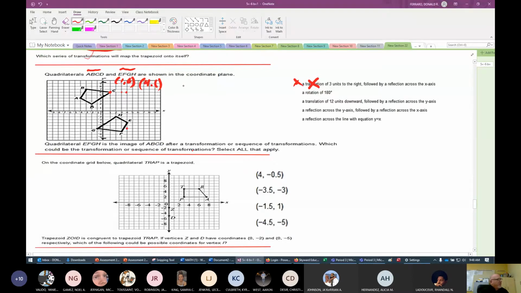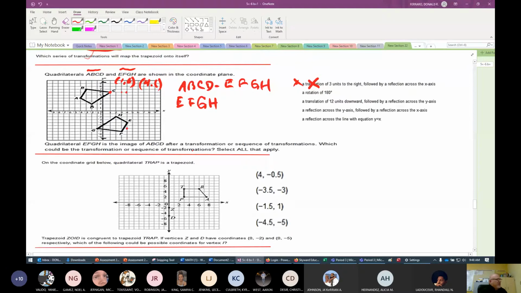So A, B, C, D is our first, and our second one is E, F, G, H. So A becomes E, B becomes F, C becomes G, and D becomes H.